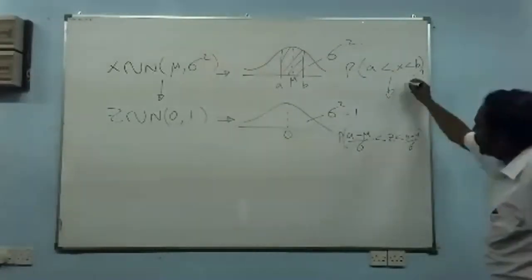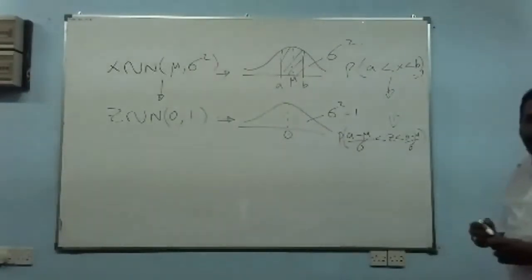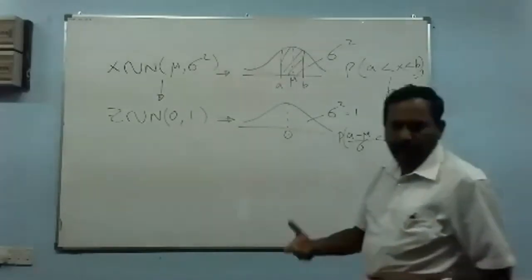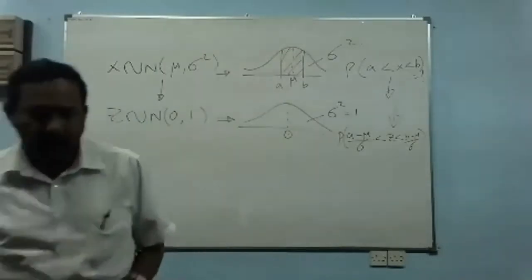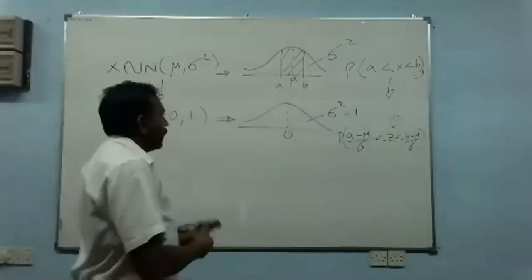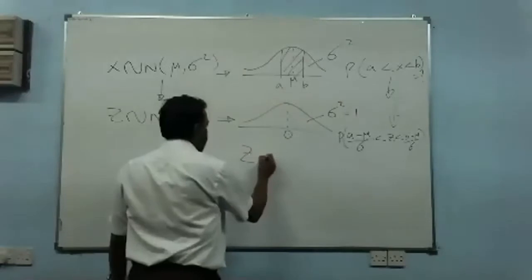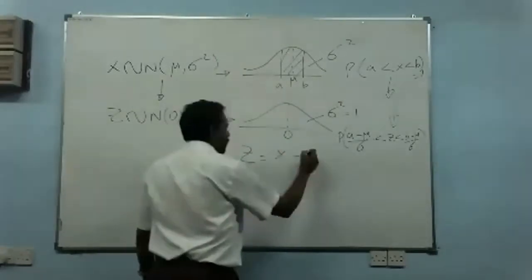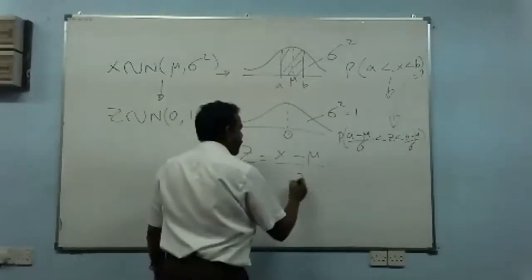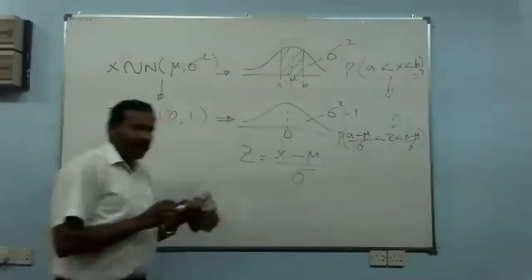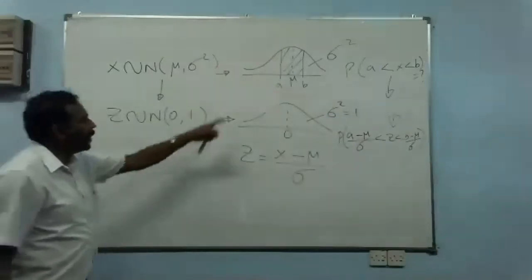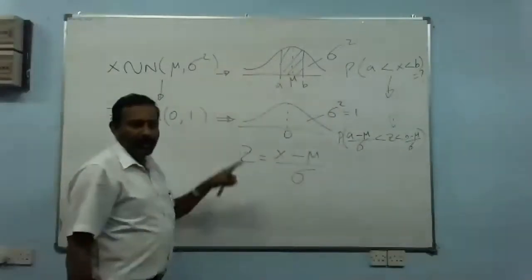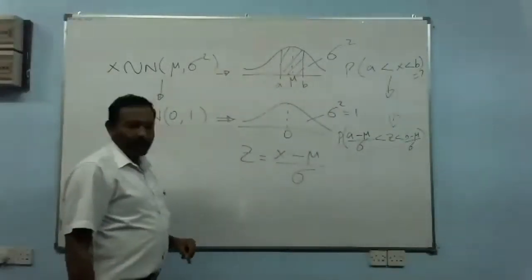So this is converted into z form. This is what we did last time, using the formula z equals x minus mu divided by sigma, to convert a normal distribution to the standard normal distribution.